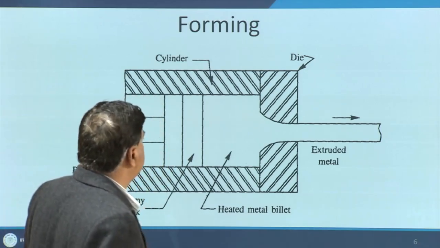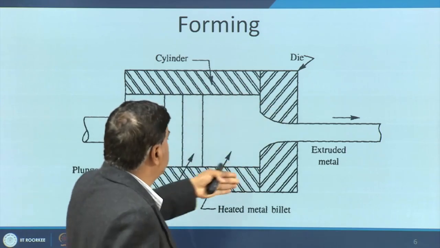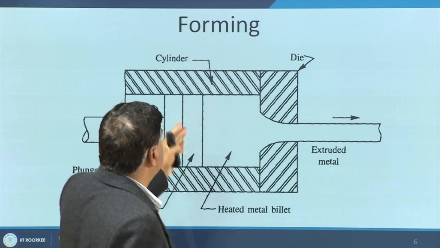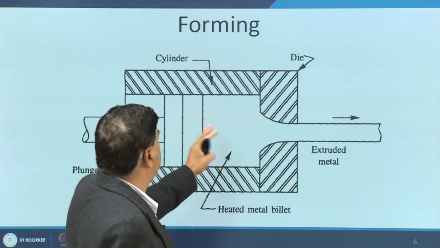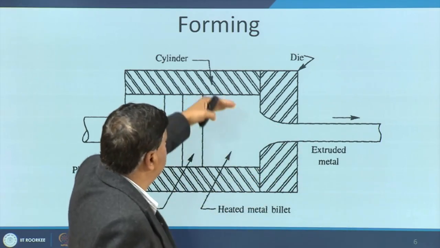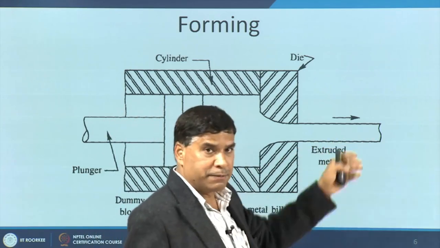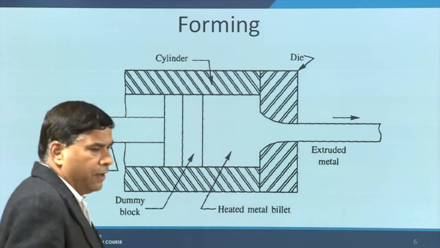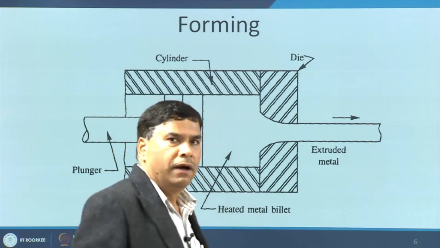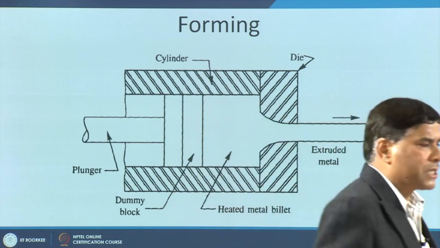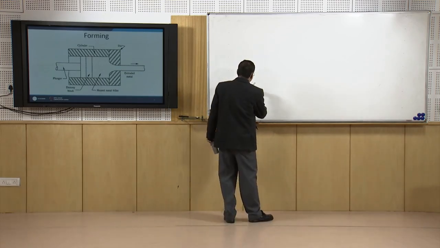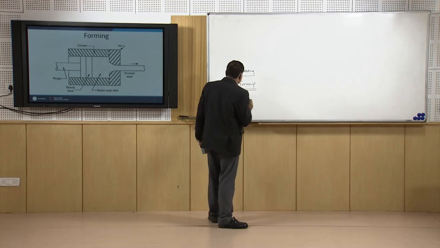This is another deformation based process, where under the constraint conditions of this structure, the material is forced to pass through this die, so that the cross section is reduced from such a large size to the smaller size. This is the extrusion process, which is used for making long cylinder shaped jobs of uniform cross sectional area along the length. So, these are the deformation based processes.